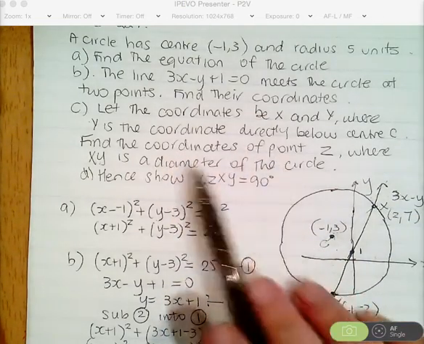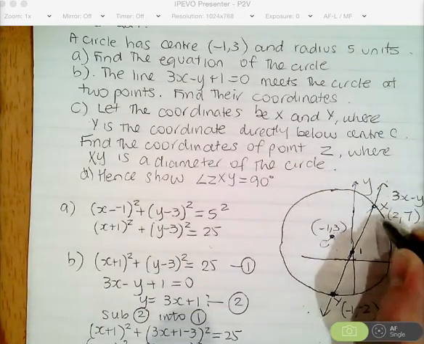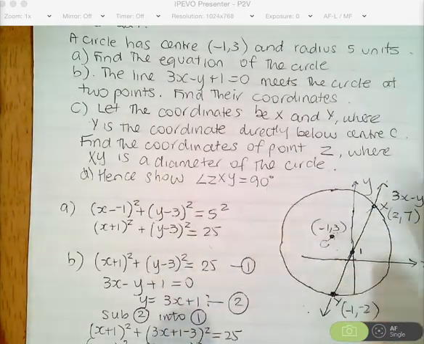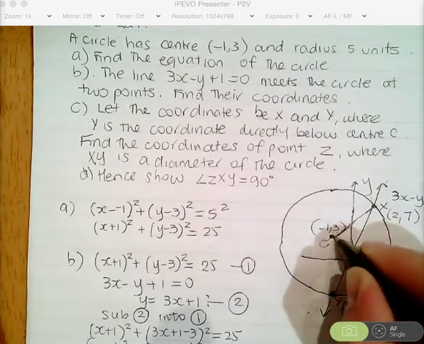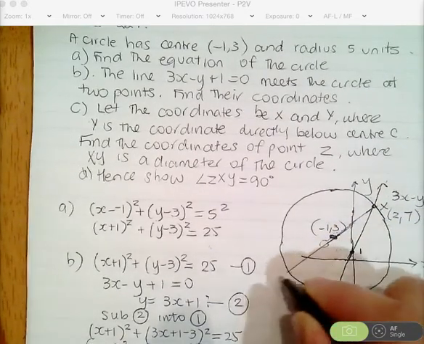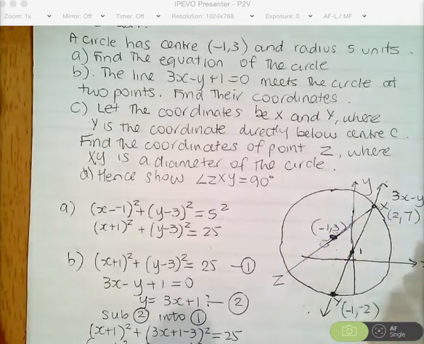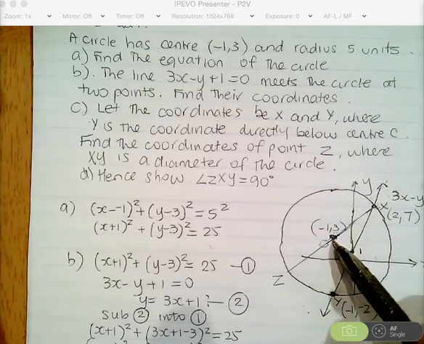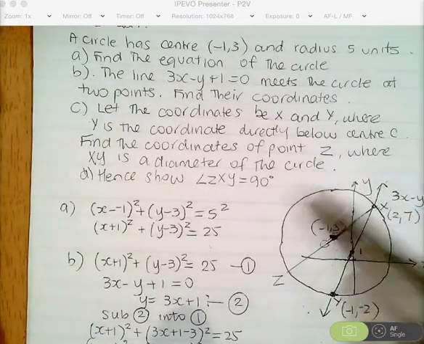It then says find the coordinates of point Z where XZ is a diameter of the circle. Now a diameter passes through the centre of the circle. So XZ is a diameter, and diameters pass through the centre of the circle. We have to now find the coordinates of point Z.